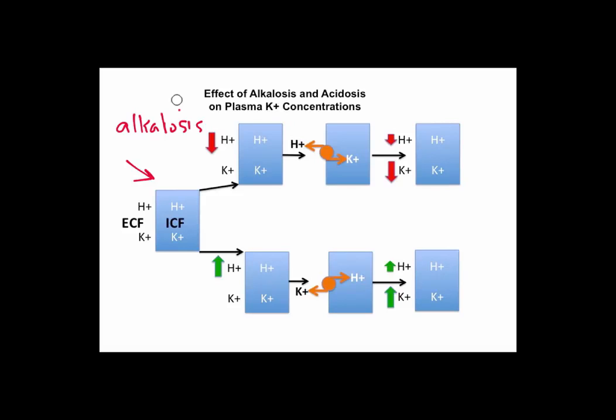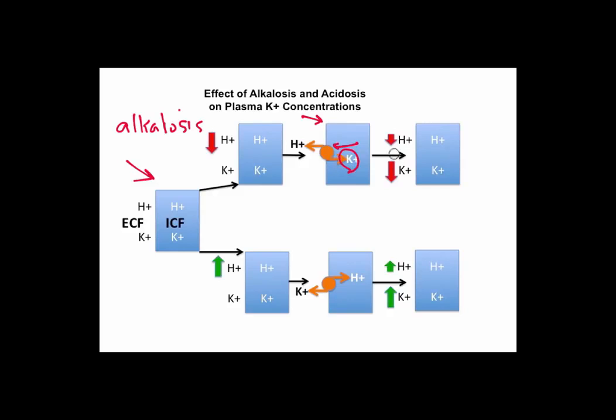When that happens, if we go to the middle compartment, there is the hydrogen to potassium exchanger that will take hydrogen from inside the cell and drive it through this exchanger, driving potassium into the cell.